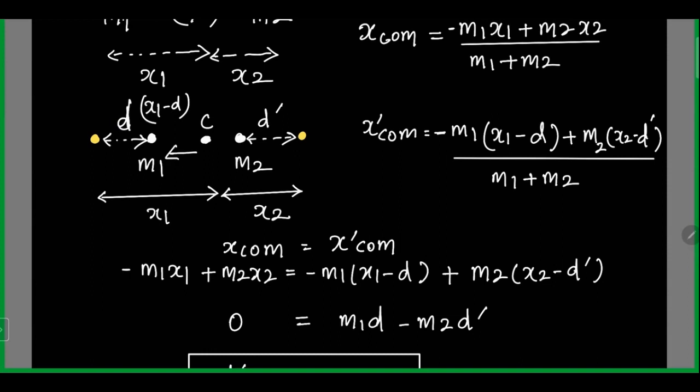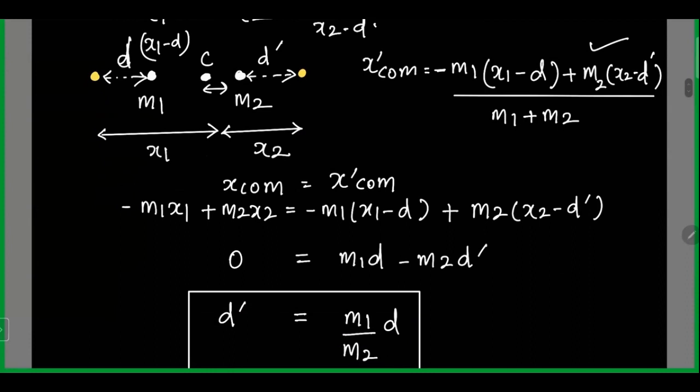Whatever is on the left side of the origin, we put a negative sign. Similarly, what is the new coordinate of m2? The entire distance is x2 and the movement is d dash, so the new position is x2 minus d dash. So m2 into x2 minus d dash, divided by the total mass, m1 plus m2.